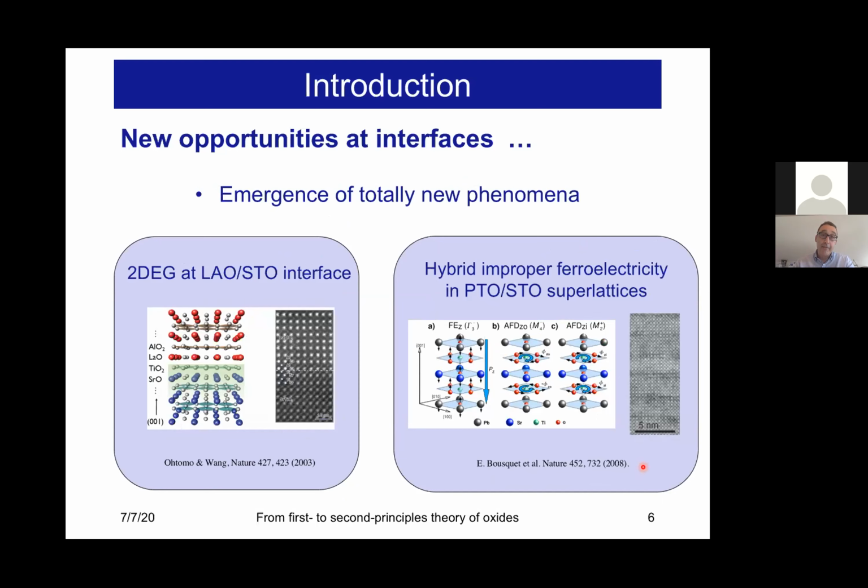So here, basically, what we do is tune something that is existing, but then you can also see at the interface the emergence of totally new phenomena. And I'm just reporting here two cases that you probably know. One is this appearance of the 2DEG at the LAO-STO interface, where you take two band insulators, you put them together, and then spontaneously you see a two-dimensional electron gas appearing at the interface.